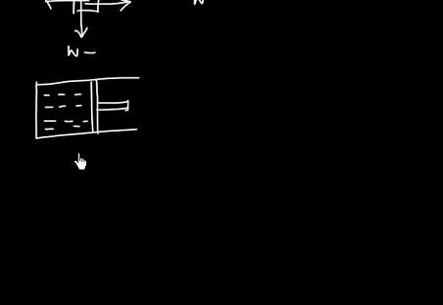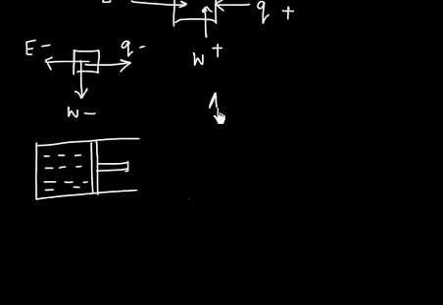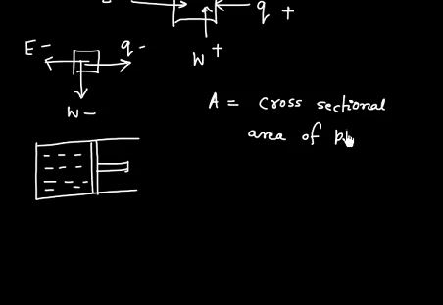Now let us say the cross-sectional area of this piston is A. So A is the cross-sectional area of the piston. Now there is a pressure that is applied from outside. Let us call this pressure P external.